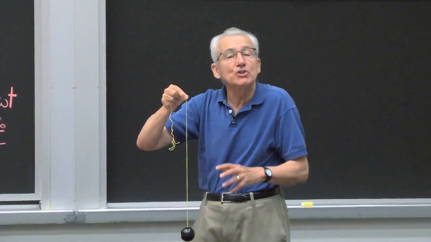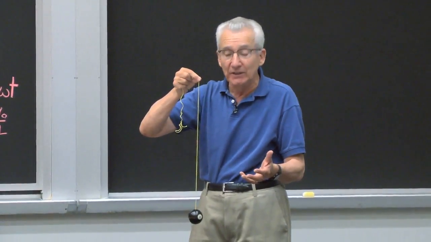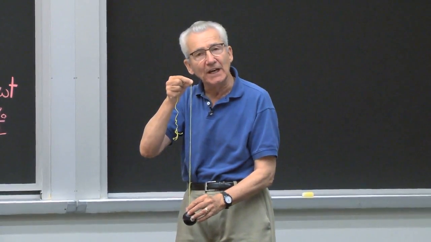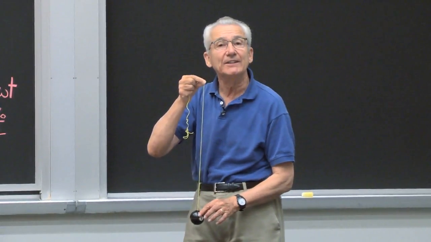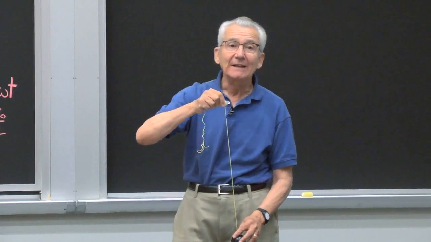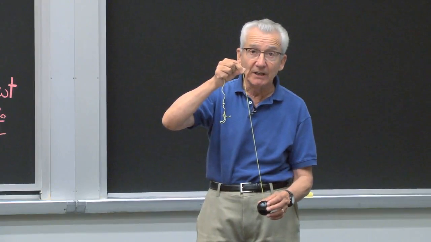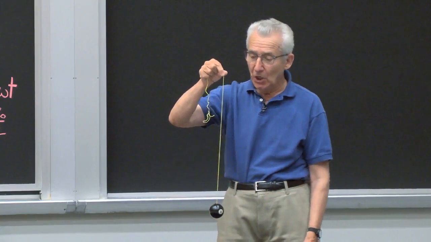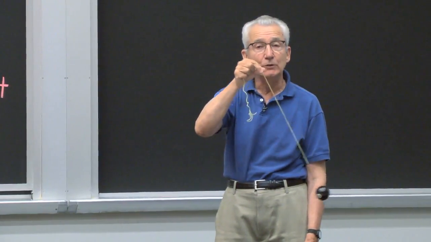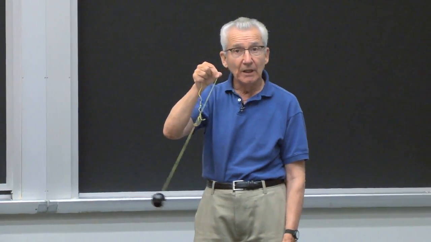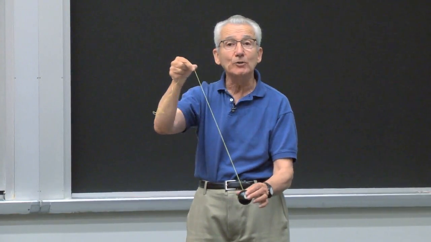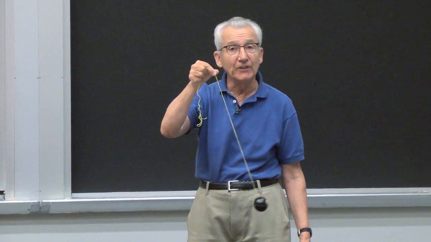What I have here is an approximation to an ideal one, and if I understand what the ideal one does, this in reality does something pretty close to it. Okay? And so I'm going to be oscillating my hand backward and forward sinusoidally, starting this at some definite time, and I will try to predict the motion of this.